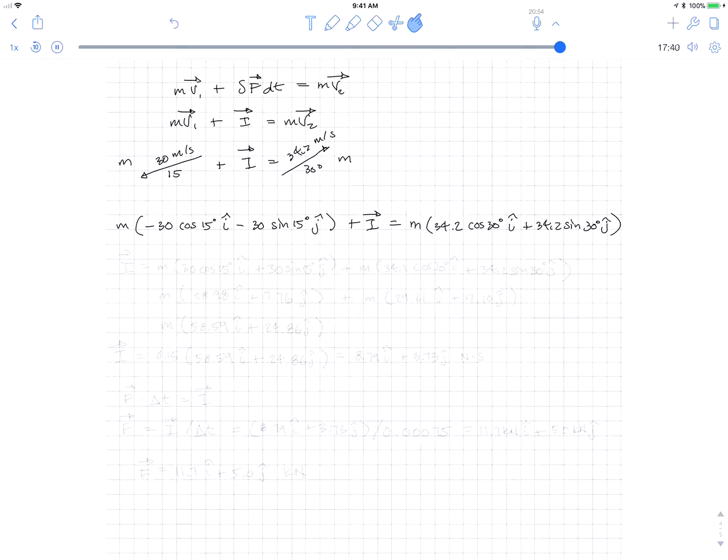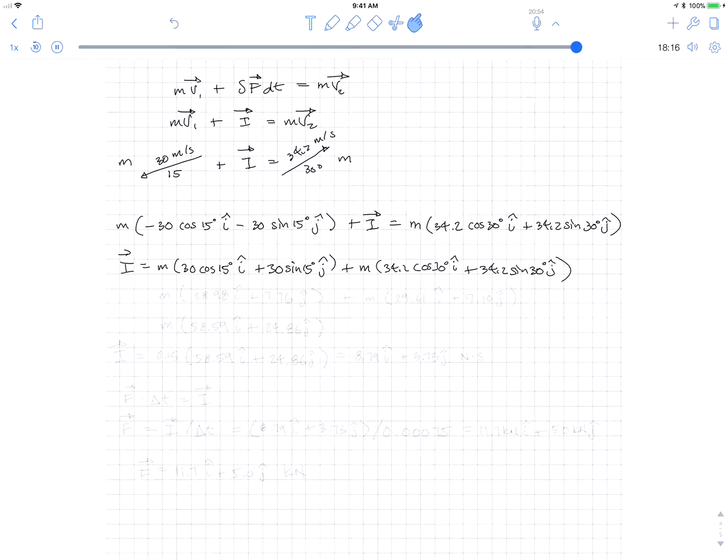So you solve for I. So you bring this to the other side, so you have m times 30 cos 15 degrees i plus 30 sine 15 degrees j plus m times 34.2 cos 30 degrees i plus 34.2 sine 30 degrees j.